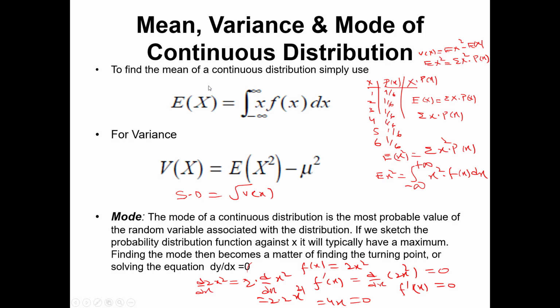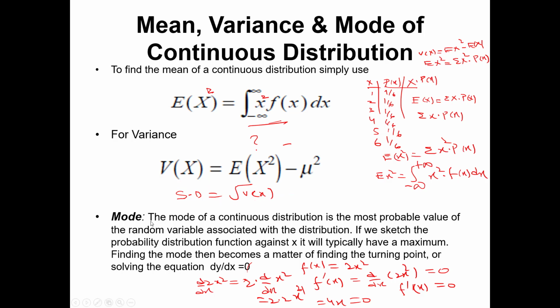When you calculate this and subtract the square of the E[x] value, you will get the variance. Similarly, for the standard deviation, you take the square root of the variance.